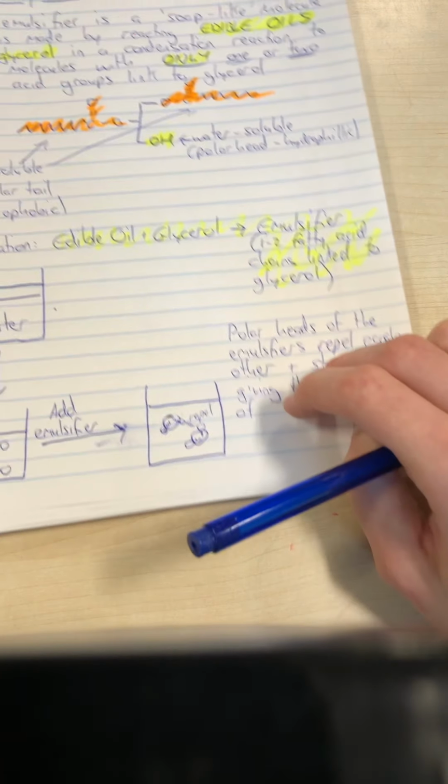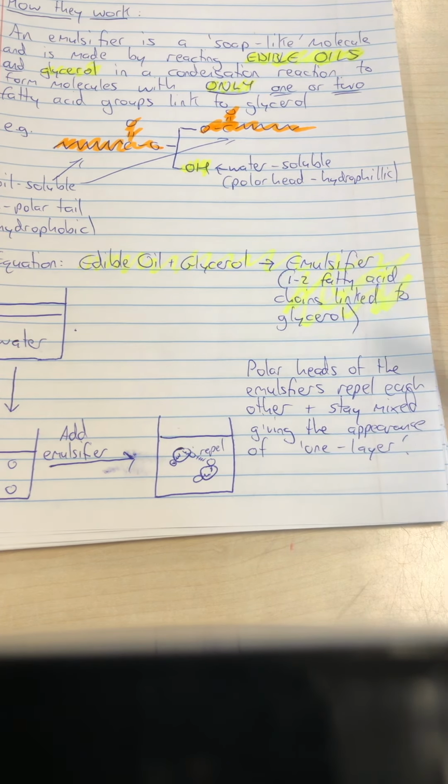Okay, and that's it. Now, if we look at, say, tomato ketchup, that's another emulsion. Usually you don't see two distinct layers, but what you need to do with tomato ketchup is give it a wee shake first, just to mix it fully.